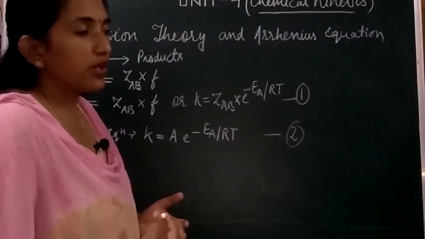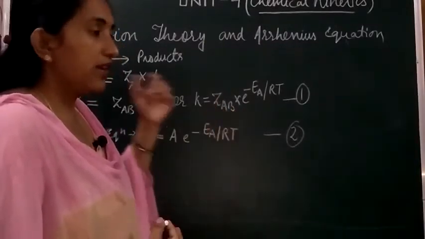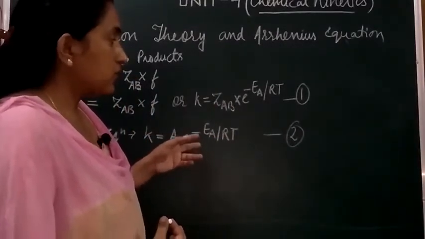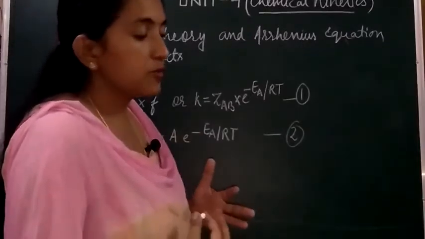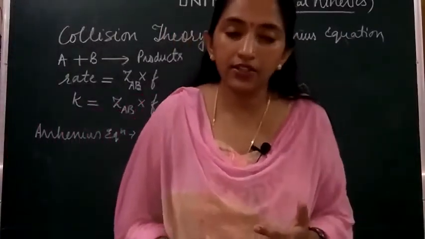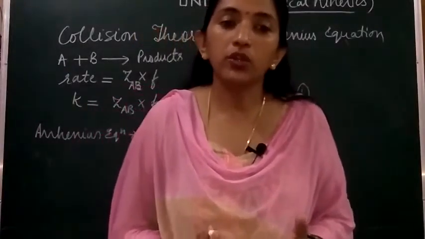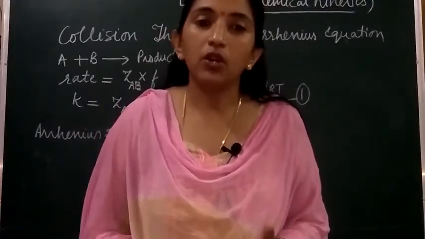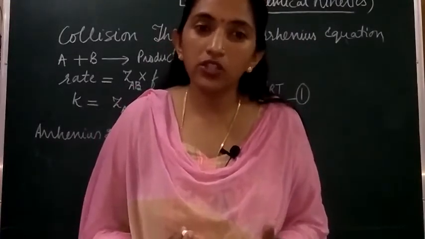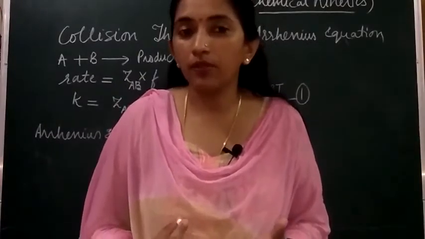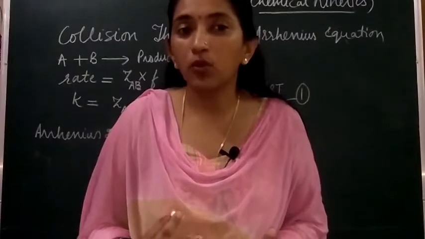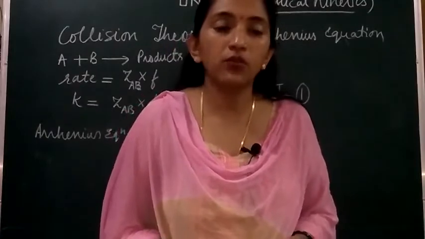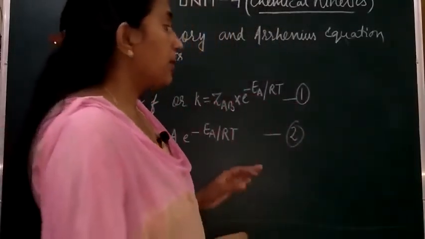We have to include the proper orientation factor here. We haven't included the probability factor. It may happen that the molecules bear sufficiently high energy, but they are not able to undergo product formation. That is only possible because the molecules are not colliding in a proper way, so the old bonds are not broken and new bonds are not formed. To compensate for this, we have to consider the probability factor.